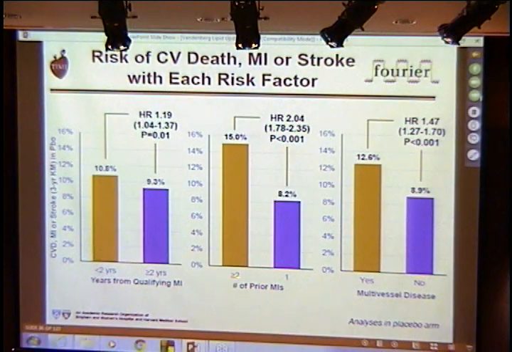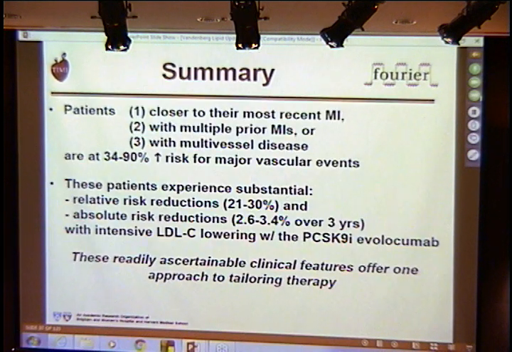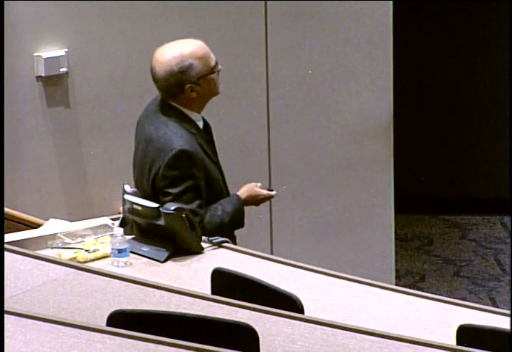If you had 2 or more MIs, you had more benefit. And if you had multi-vessel disease rather than single-vessel disease, you had more benefit. So as measured by these 3 characteristics, it gave us some sort of guidance in terms of how hard to push PCSK9 inhibitor therapy.